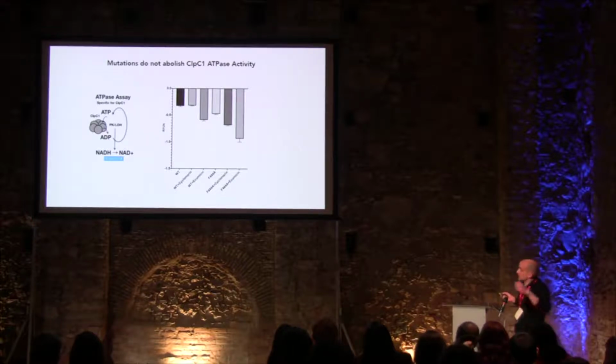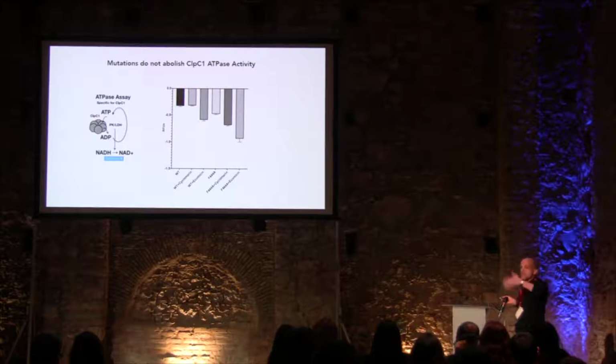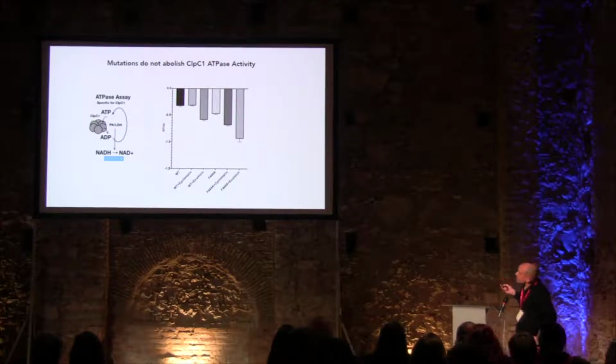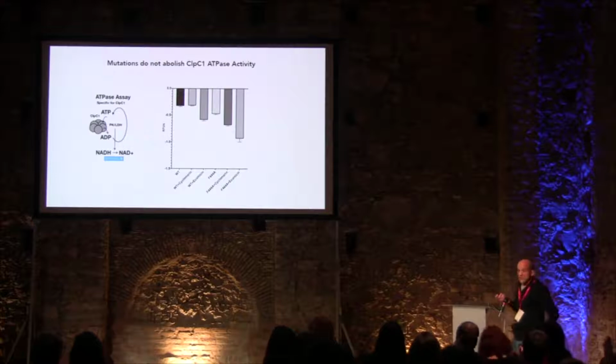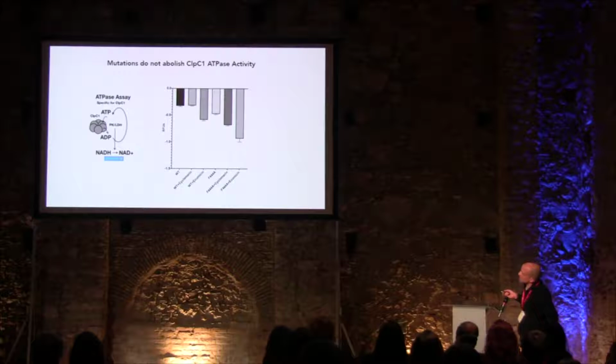This ATPase assay, as I say, is quite classical in the literature. Basically what you measure is ATP hydrolysis. In this case I used fluorescence, you can also use absorbance for NADH, it's similar. What I want to show you here is that these mutants are active, so they are able to hydrolyze ATP. And in fact they are still responsive to the antibiotics. So I tested two of them, the ones I had, so it's ADEP and Mycobacterium.